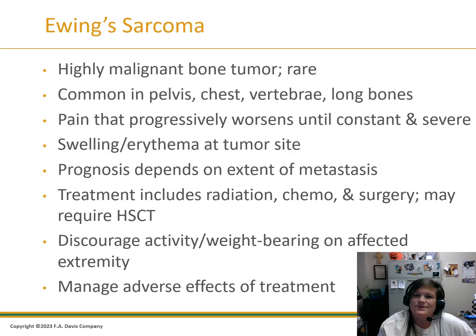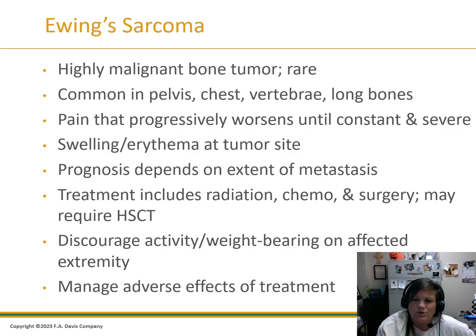It's generally a smaller round cell tumor that grows in one of these places. The pain for this typically worsens and becomes constant and severe, but it may begin as an intermittent pain. Where the tumor is located will usually be the location that swelling and erythema is expected or found.